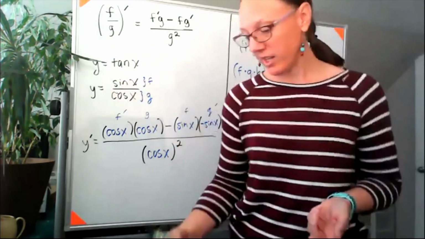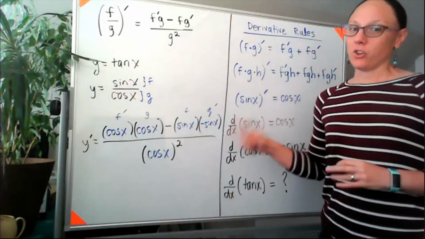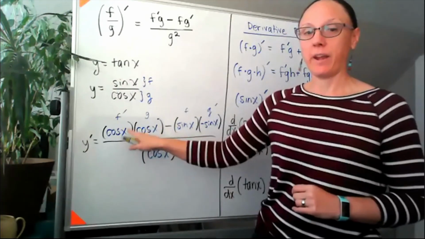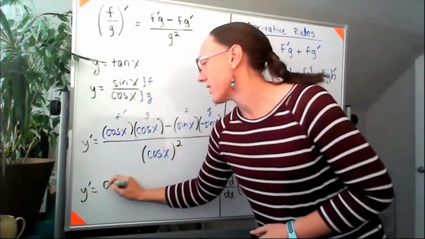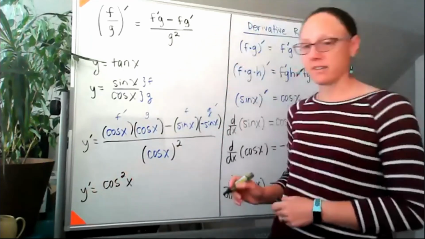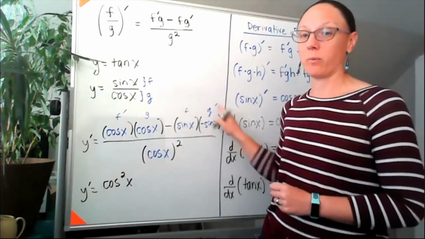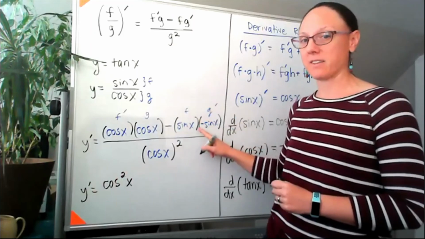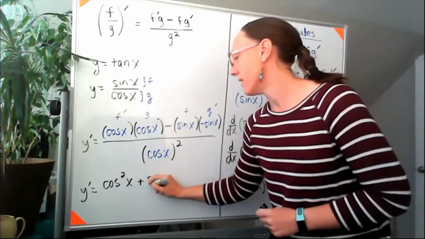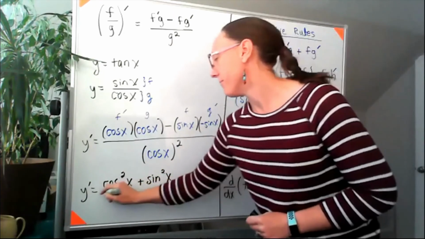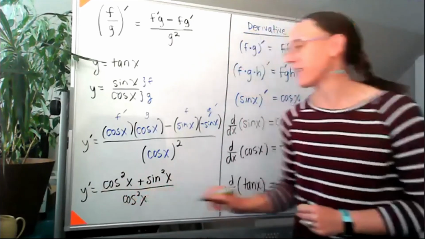Technically, that is a derivative of tangent, but it's not the way that we usually write it, because we usually use some trig identities to simplify this down a bit. Looking at the top, another way to write cosine times cosine would be cosine squared x. Now over here, I've got sine times negative sine, so another way to write that would be negative sine squared of x. But because I'm subtracting, the minus and the minus is going to make that a plus sine squared x. And our denominator here is still cosine squared x.